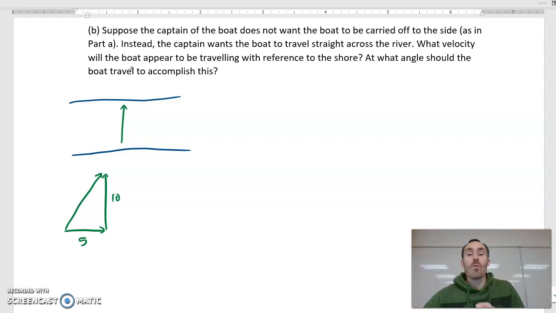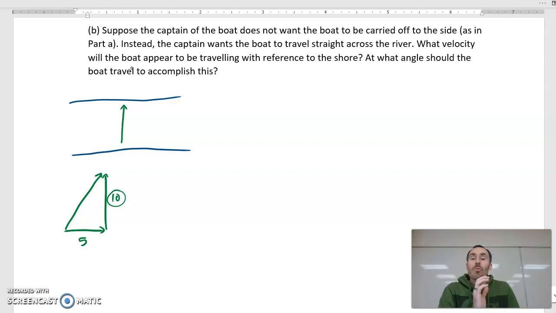Now what we want to do instead is use that 10 meters per second that the boat can travel at and not make it perfectly north and south, right? Because if the boat captain sails perfectly north, we know that the current is going to pull him off to the side.